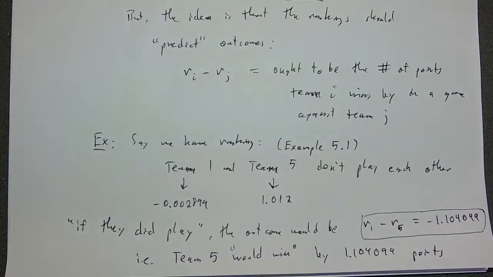So you can do the same thing. I didn't ask that question as part of the homework problem, but you can yourself consider, based on those rankings, what should happen if those teams did play.